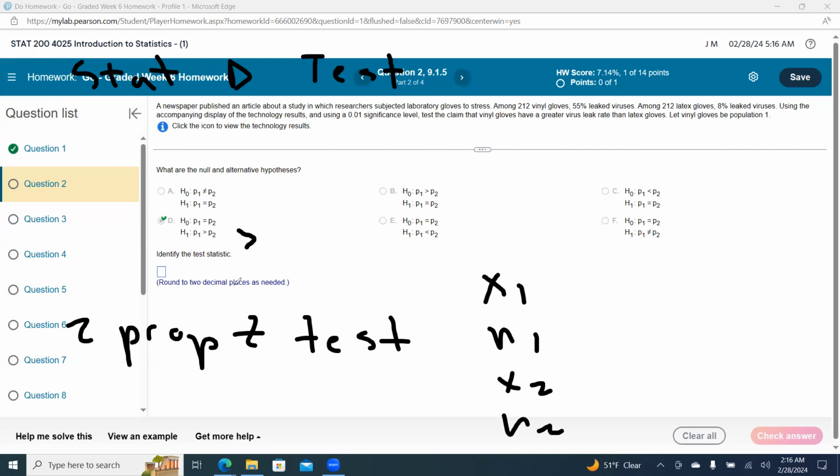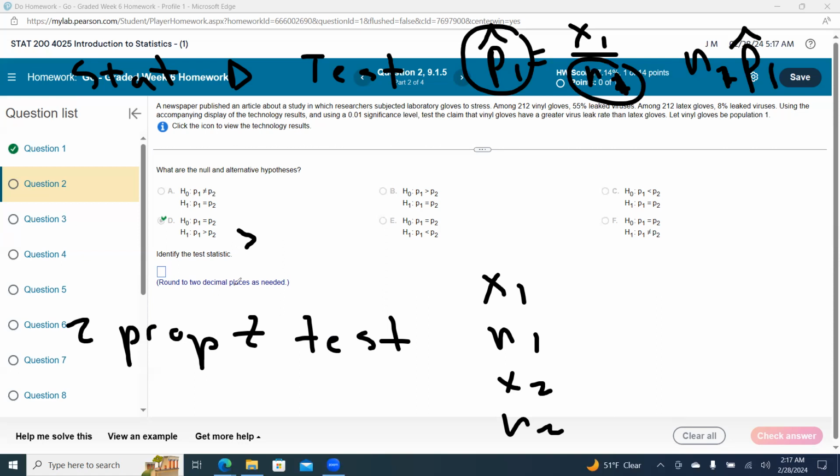Usually it's respective. Sometimes we have to read it closely, but usually P1 is the first thing mentioned, P2 is the second thing mentioned. But n1 is 212, n2 is 212. We run into a problem. It's not really a problem, but we have P hat 1 equals x1 over n1. Because we need x1, if we're given that, then we have to multiply them to get x1.